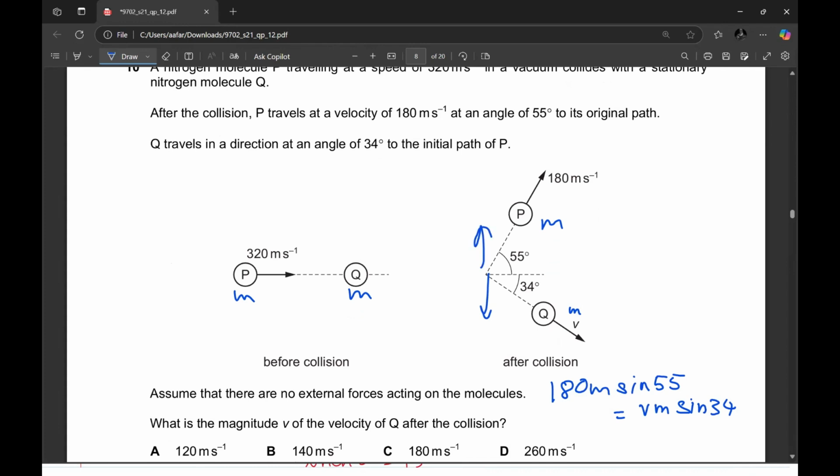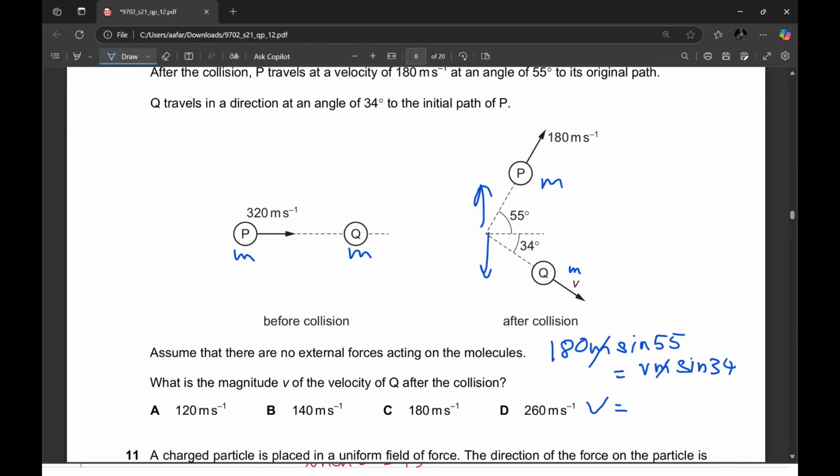If we subtract this from this, we should get zero. So m cancels out, and we get 180 sine 55 over sine 34. We have 260 meters per second.